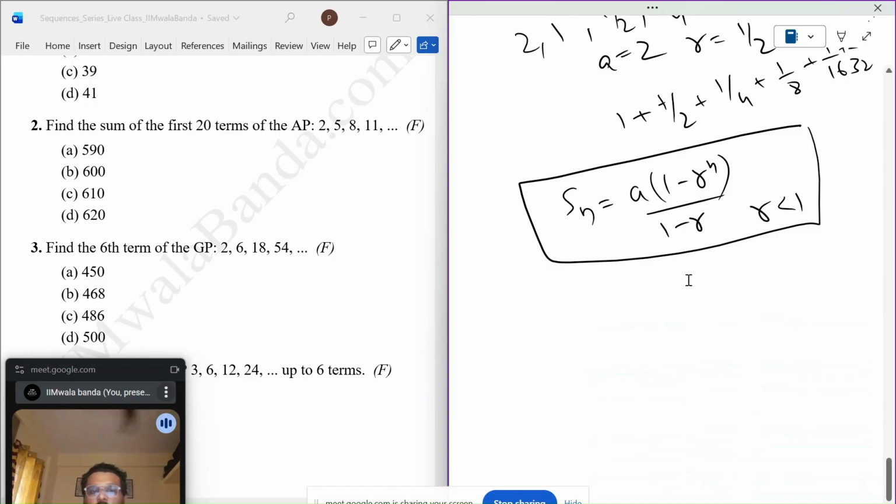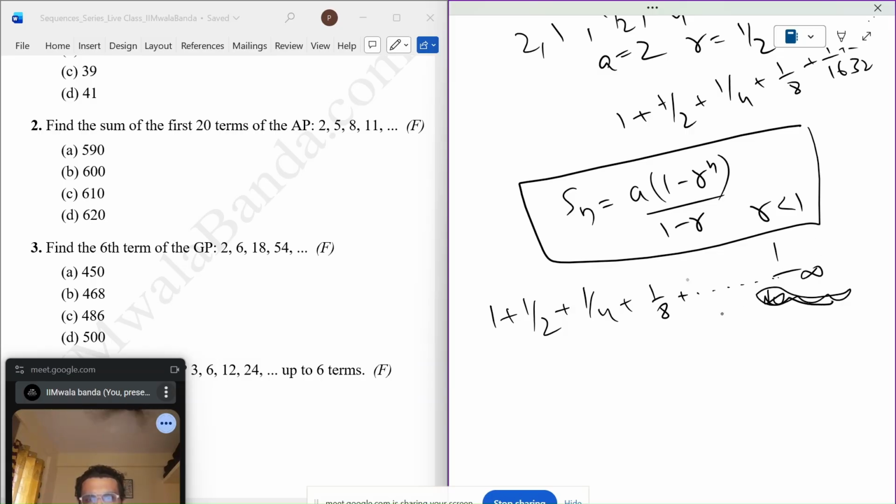So now the thing is, if I keep on letting the sum up to n terms go up to infinity, I know the last term will keep on getting added, but at the same time I know it will be a very small addition, and at the end of the day it will become some whole number.